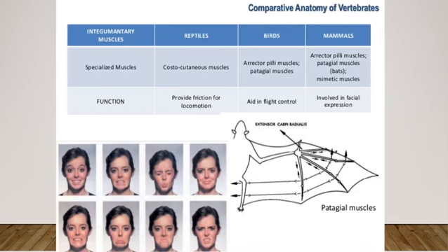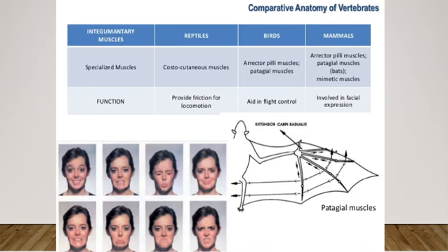In birds, we have the arrector pili muscle, and at the same time, the patagial muscle. In mammals, we have the arrector pili muscle, like the birds, patagial muscles in bats, and mimetic muscles. We have patagial muscles, not in humans, but they could be found in bats.